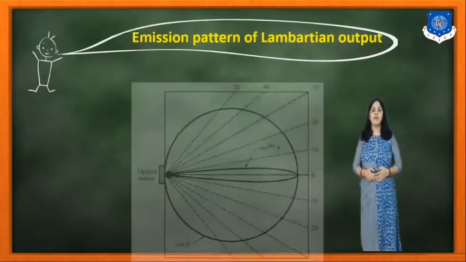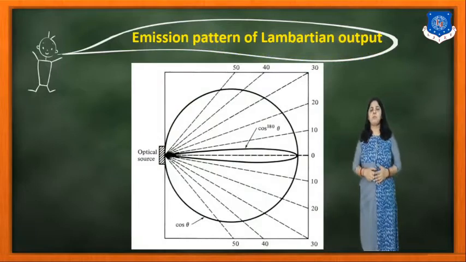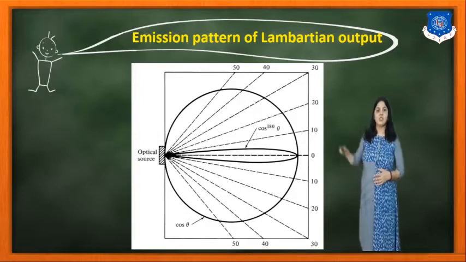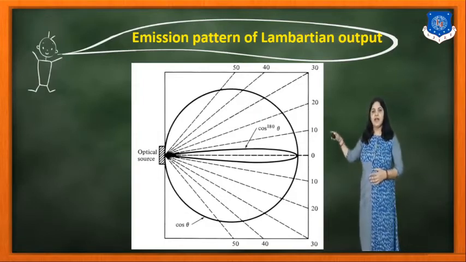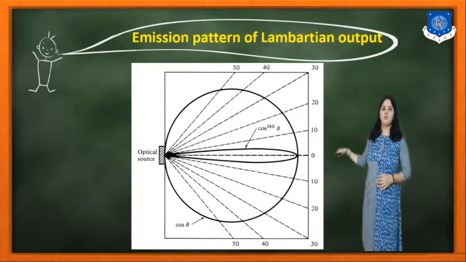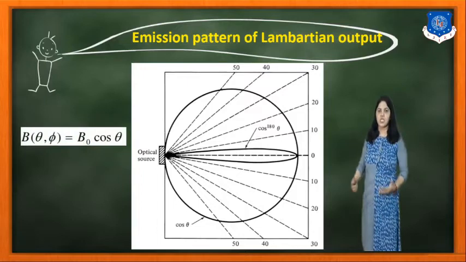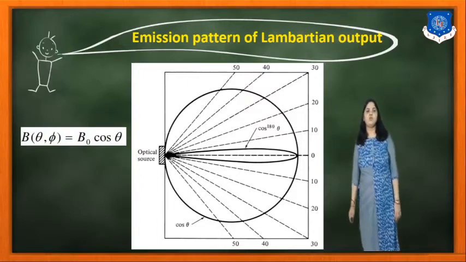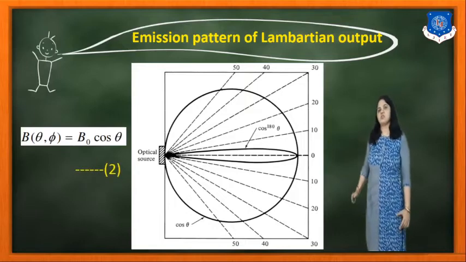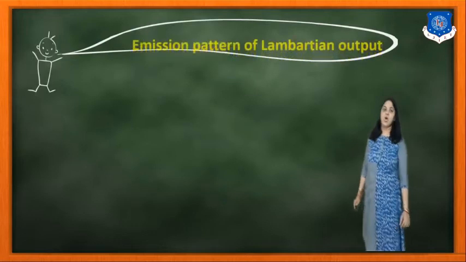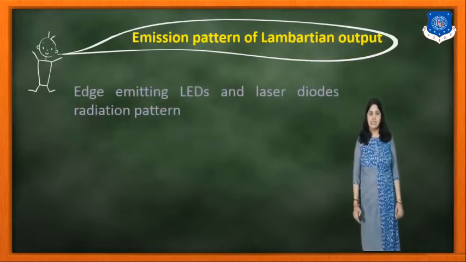This is the emission pattern of the Lambertian output for the surface emitting LED. Here the optical source is there, and at various angles you can see the output pattern, which can be drawn by using the equation B of theta, phi is equal to B0 cos theta. This is my equation number 2. So it is the Lambertian pattern of the particular LED.